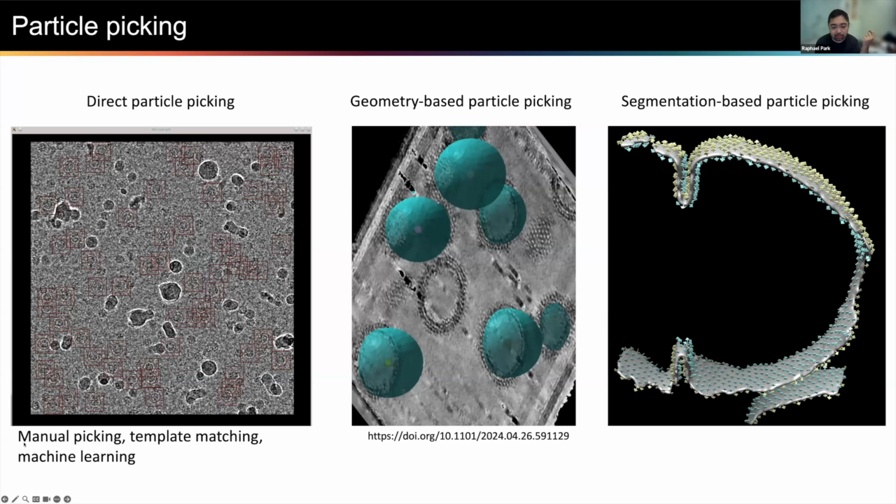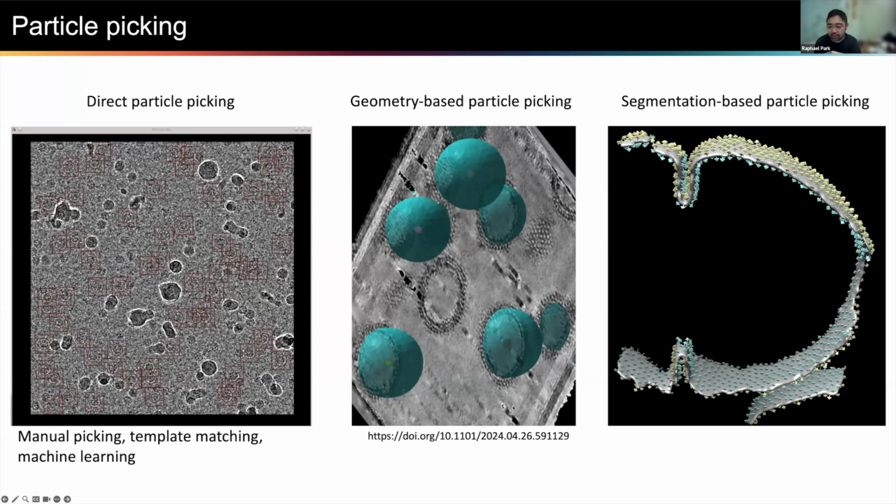Sometimes we still manually pick particles, but there is a lot of software that does template matching type of particle picking, or machine learning algorithms where they learn positive and negative references, and they can pick based on what they learn from the algorithm.